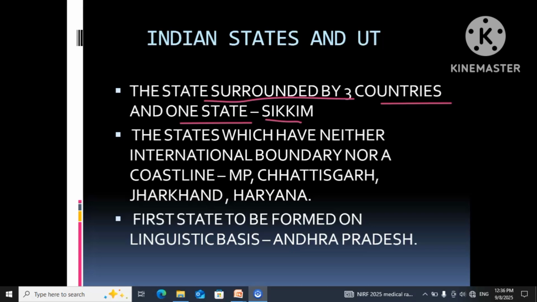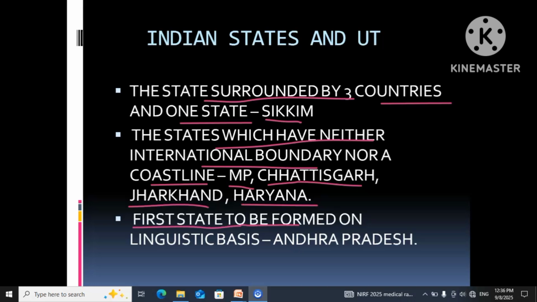The states which have neither international boundaries nor a coast, that is, states that do not lie in the coastal region and have no international boundaries, are Madhya Pradesh, Chhattisgarh, Jharkhand, Haryana.